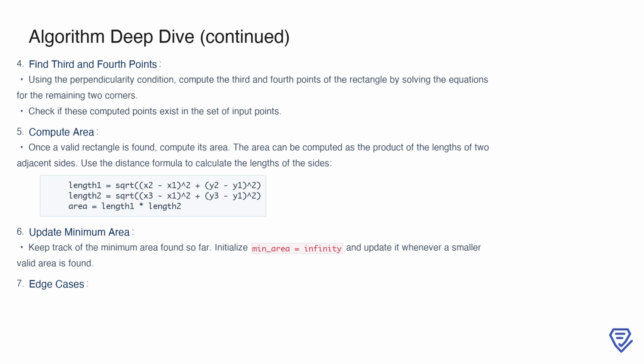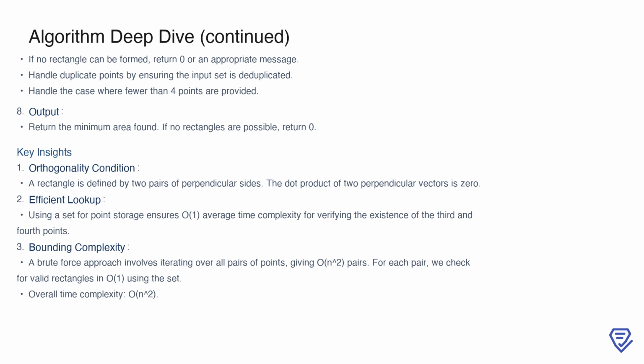Lastly, we need to account for edge cases. For example, if no rectangles can be formed, we need to return 0 or an appropriate message. In scenarios where no rectangle can be formed, either because the input has fewer than 4 points or the points do not allow the formation of a rectangle, our algorithm will handle this by returning 0. To ensure correctness, duplicate points in the input should be removed before starting the calculations.